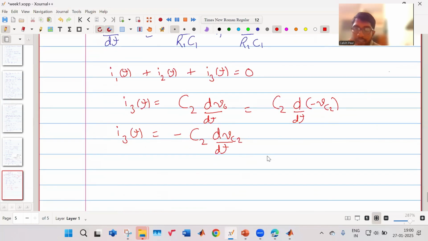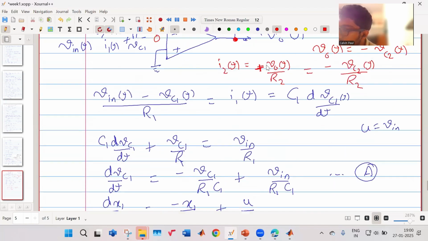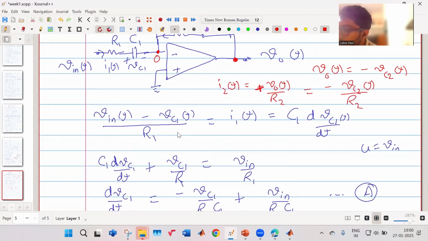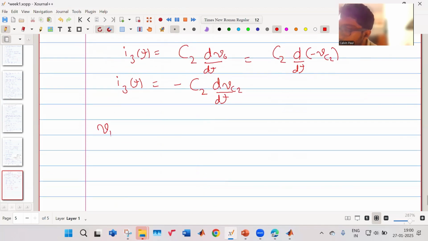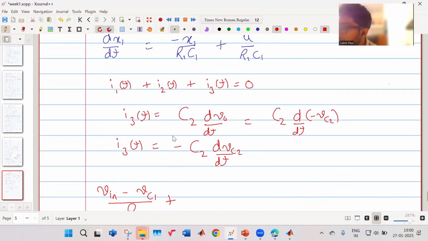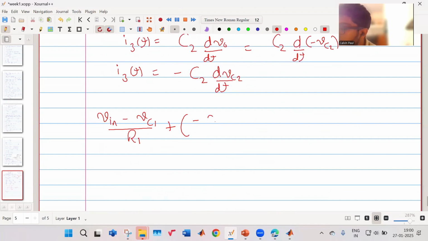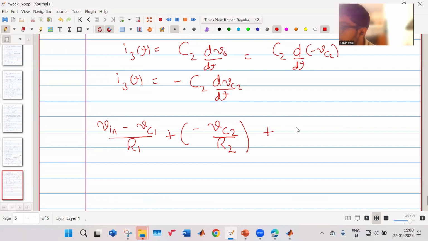So what we can write further is I1 of t is V in minus Vc1 upon R1, plus I2 of t, which is equal to minus Vc2 by R2, and I3 of t, which is equal to minus C2 d by dt of Vc2, is equal to 0.